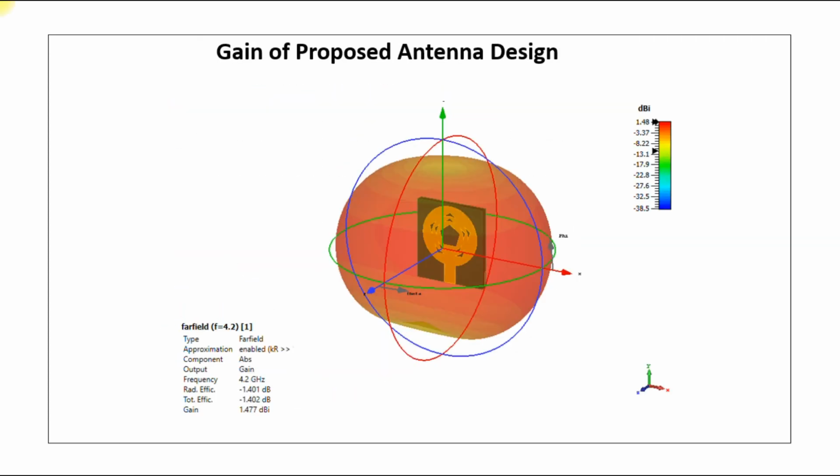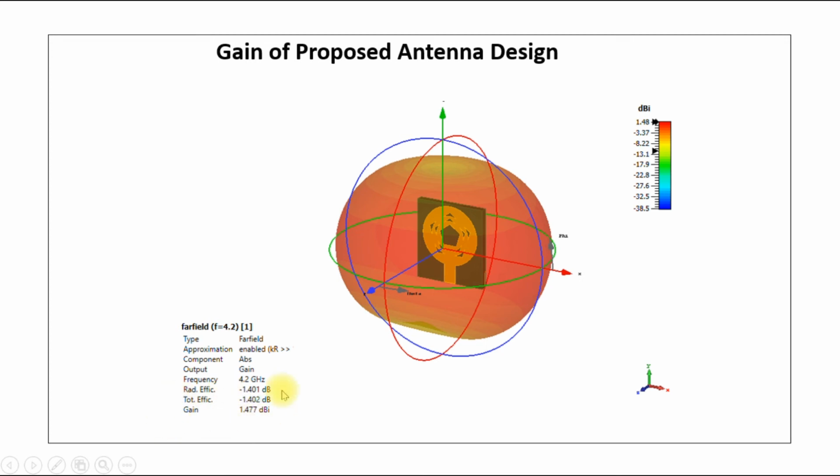Okay, now another parameter of the antenna is gain. Gain is nothing but output power divided by input power. This is the 3D view of the gain plot, and we can see that at the resonant frequency f equal to 4.2 gigahertz, we are getting a maximum gain of 1.477 dBi.